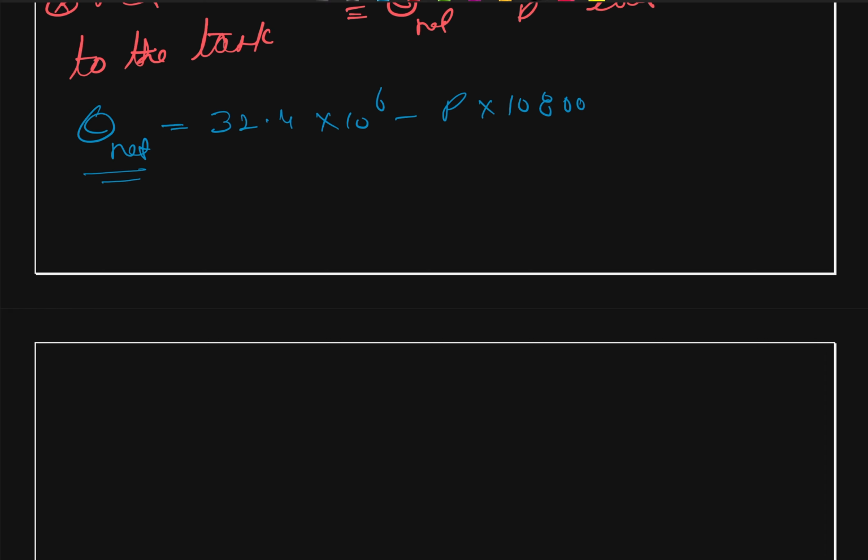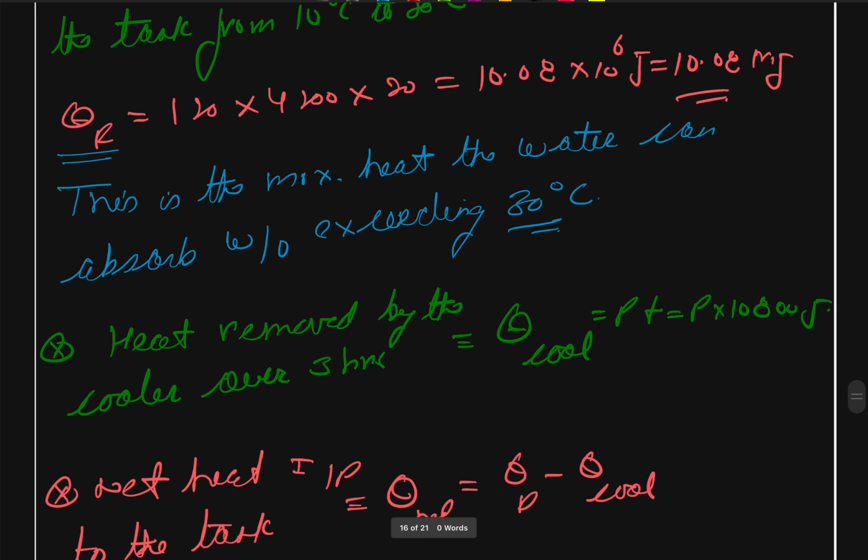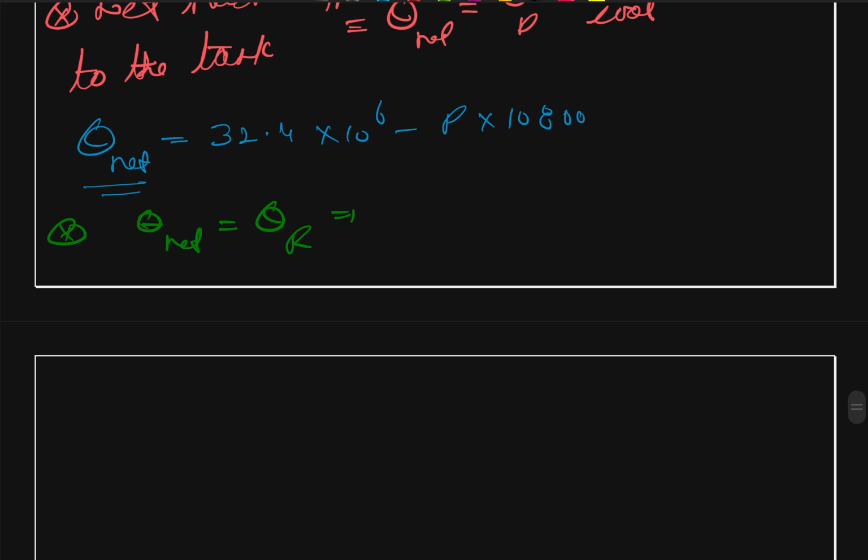So we can say that our Q net should be equal to our Q required. Therefore, we can say 32.4 into 10 to the power 6 minus P into 10800 is equal to 10.08 into 10 to the power 6.